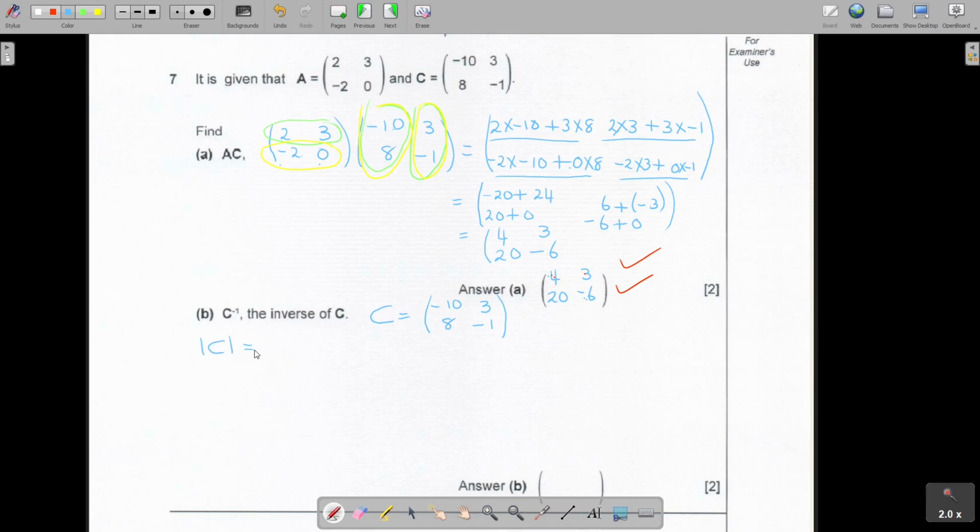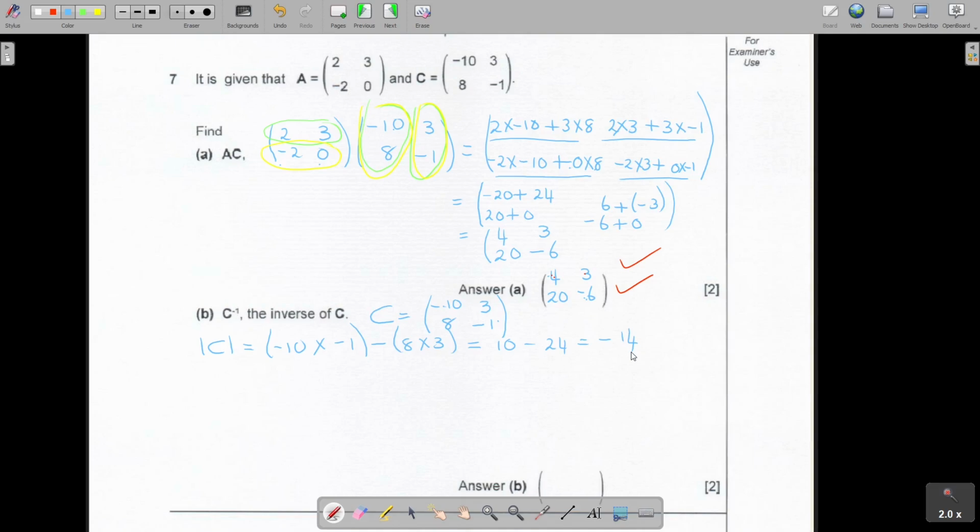Can you remember, you say -10, you take this 2, multiply -1, subtract 8, multiply 3. That is going to give you 10 minus 24, and that's going to give you -14. You're going to get already a mark for that.